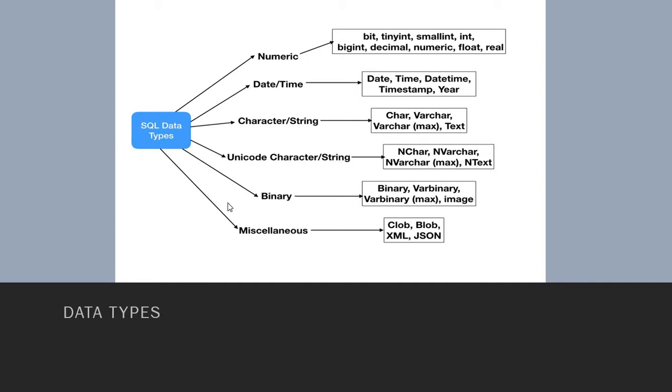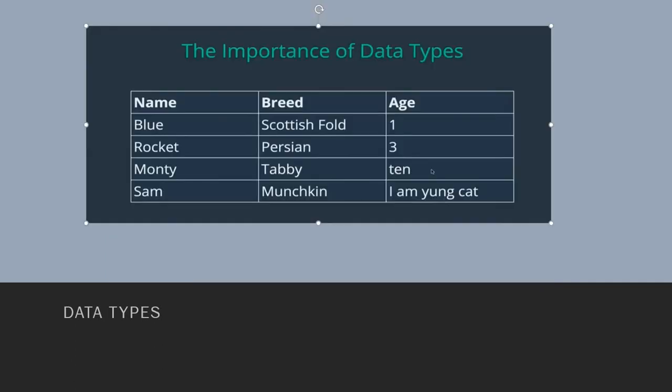Let me try to get an example for you. Okay, so here is an example where I changed some of the data just a little bit. We have three headers and three columns: name, breed, and age. And here is an example.